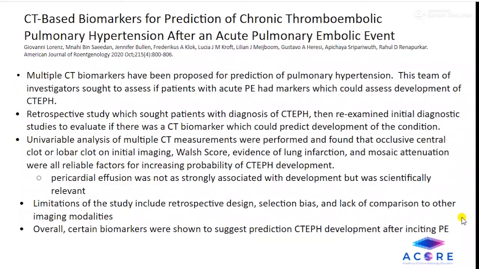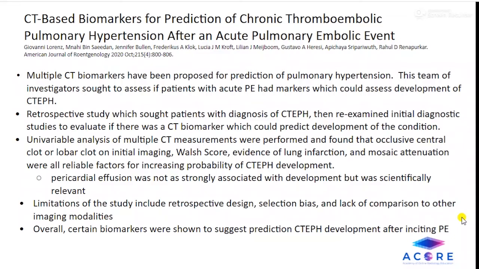Additional markers evaluated included the Walsh score, which is a quantitative measurement of abnormalities in the segmental pulmonary artery, right ventricular diameter, left ventricular diameter, right ventricular diameter to left ventricular diameter ratio, right atrial diameter, pulmonary artery diameter, evidence of right heart thrombus, evidence of pericardial effusion, evidence of lung infarction, and evidence of mosaic attenuation.